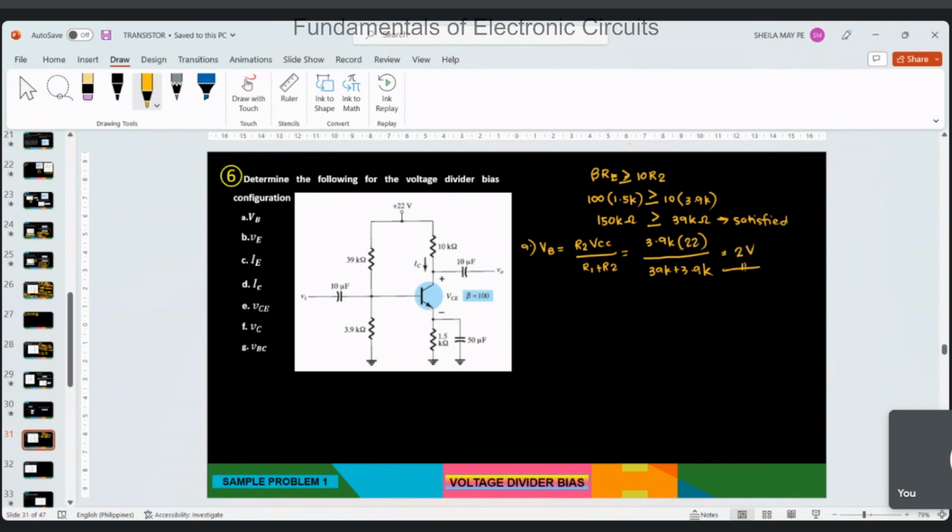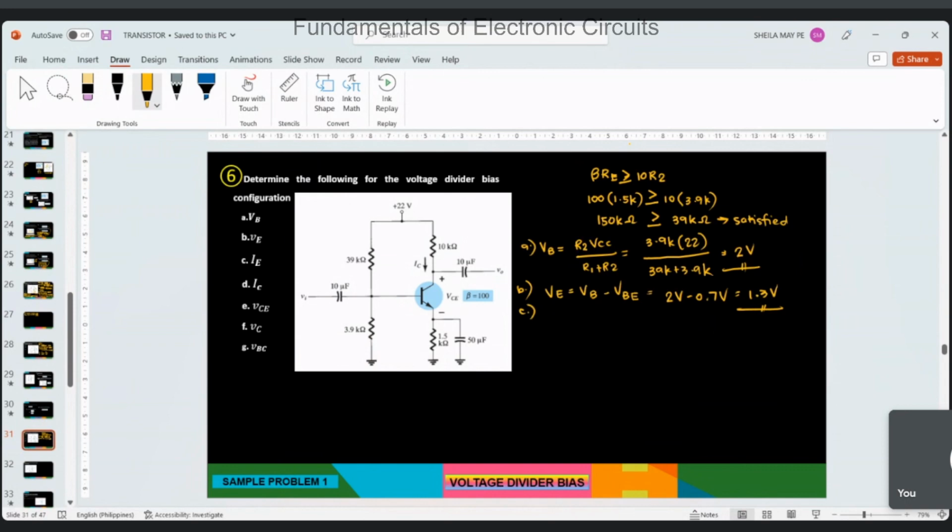And for our VE, that is VB minus VBE, right? So VB is 2 volts minus 0.7. So this is 1.3 volts. Next, IE.